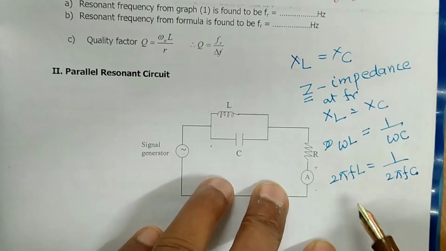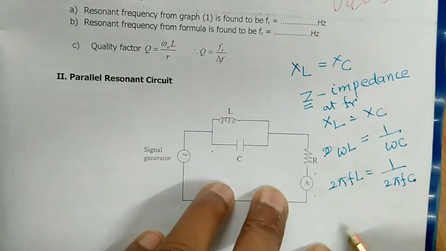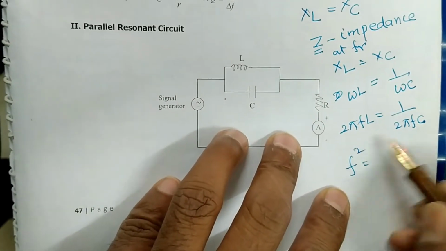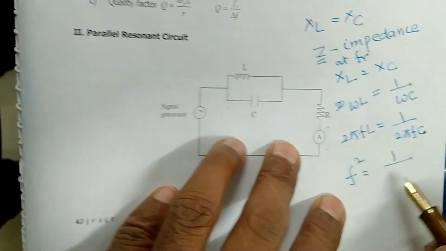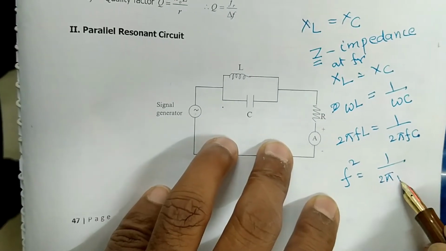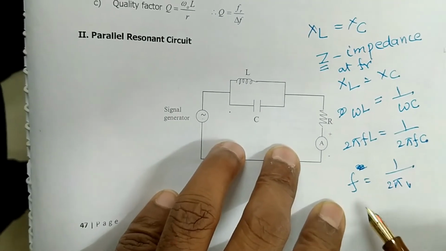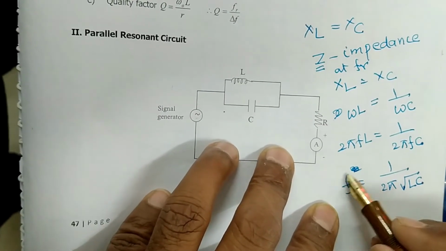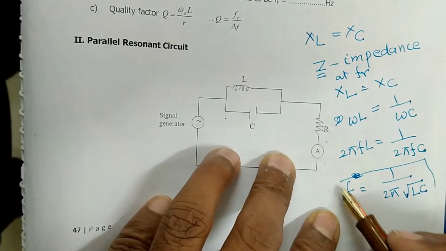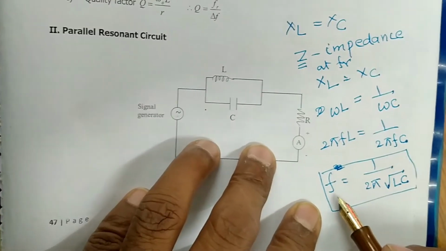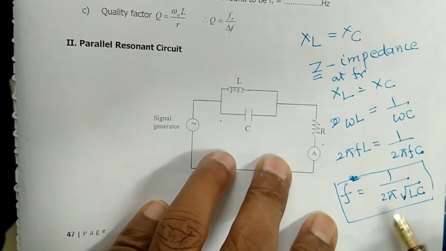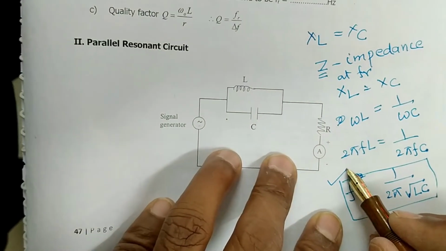By using these two, I can calculate the value of F. F squared is equal to 1 by 4 pi squared LC, so F is equal to 1 by 2 pi root LC. This is the resonant frequency, which you can decide by choosing L and C values. Theoretically you can calculate this frequency.